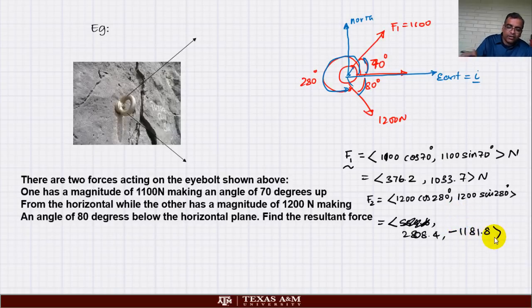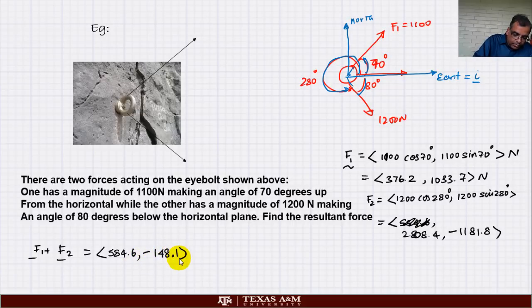You can calculate this and you can see. Okay, so what is F1 plus F2? Turns out to be 584.6, comma minus 148.1. All I did was just add the x components, this and this, and add the y components, this and this.